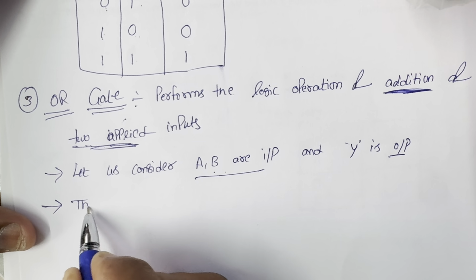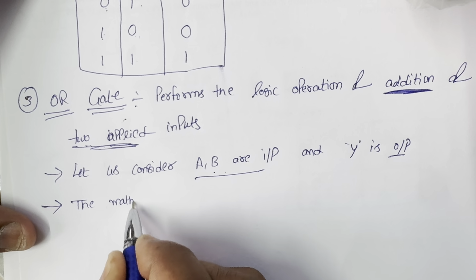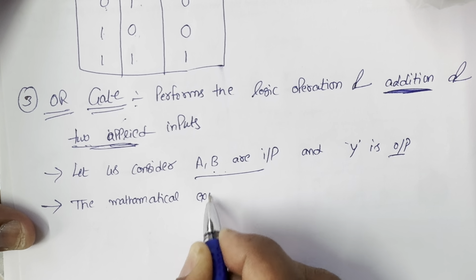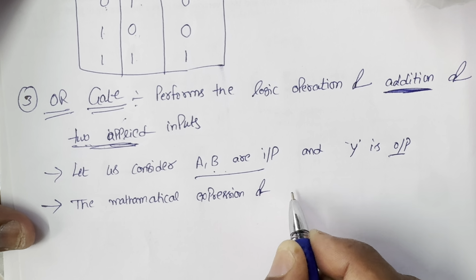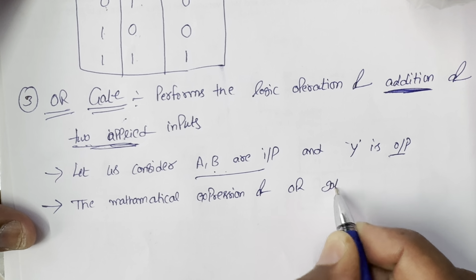So the mathematical expression of the OR gate is simply addition. Here the inputs are A and B, and we simply add them: Y equal to A plus B. It is the mathematical expression.